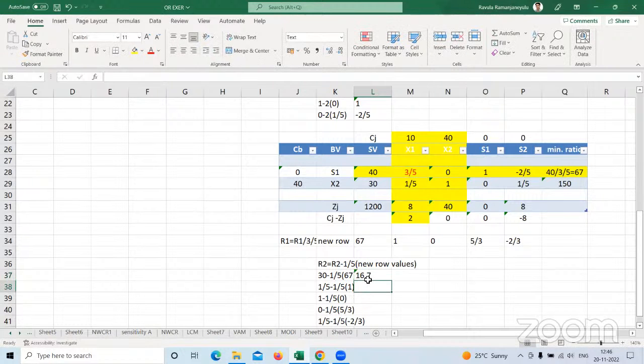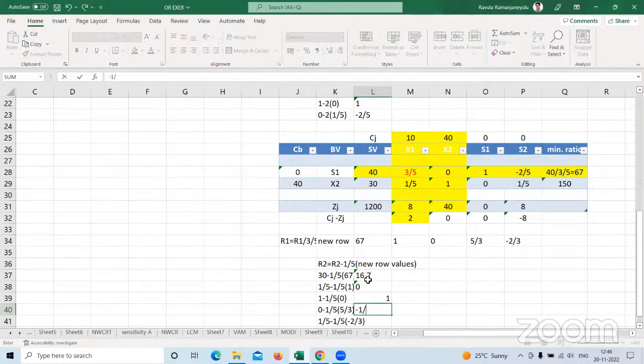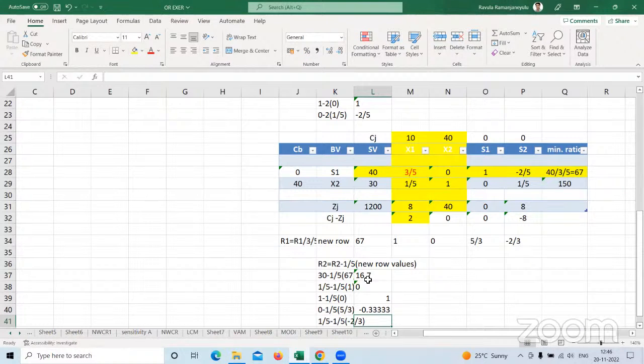Similarly, 1 by 5 minus 1 by 5 is 0. Right? 1 minus 0 is nothing but 1. Here 0 minus 1 by 5 into 5 by 3. 5 gets cancelled, minus 1 by 3. And here, minus into minus becomes plus, 2 by 15.